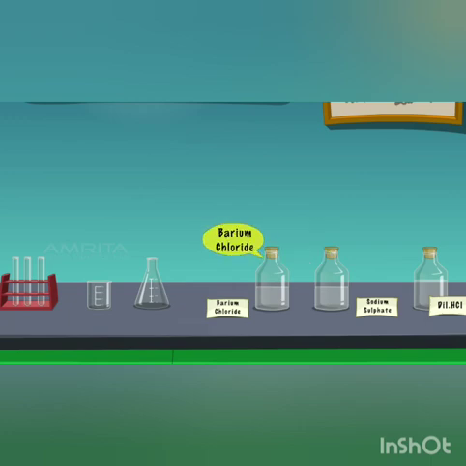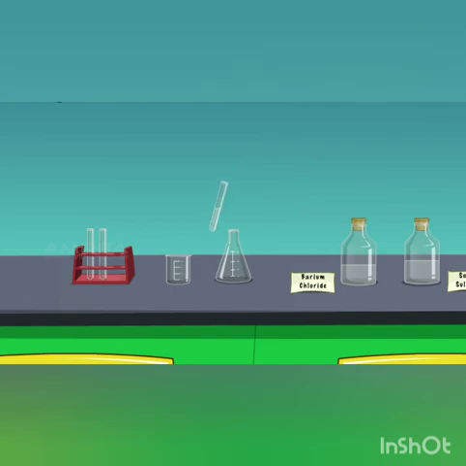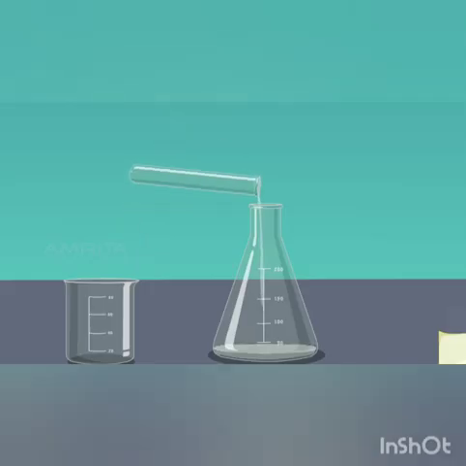Sodium sulfate, barium chloride, dilute HCl, a beaker, conical flask and test tubes. Take a small quantity of barium chloride in a test tube and transfer it into a conical flask.